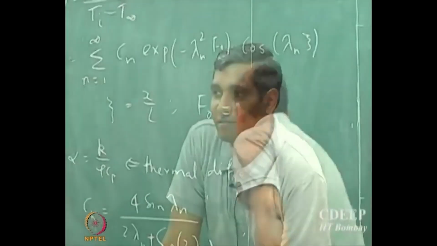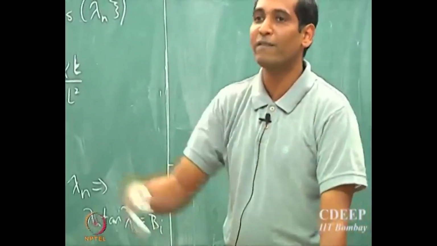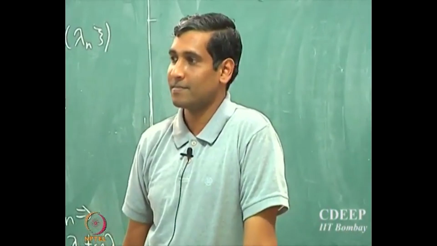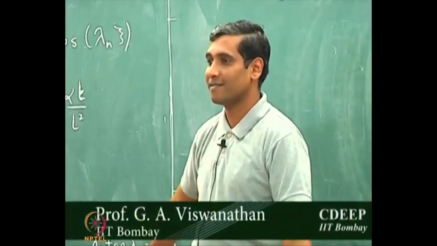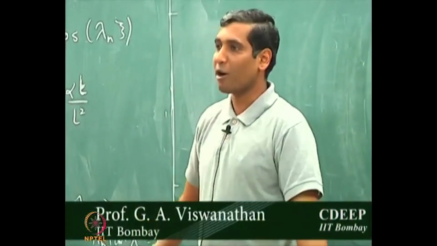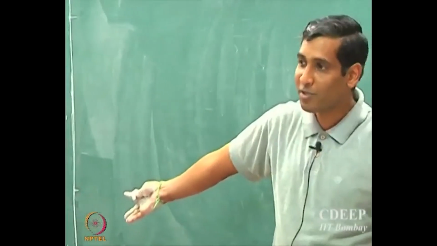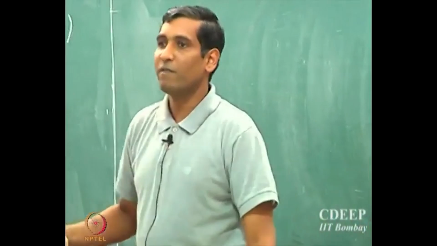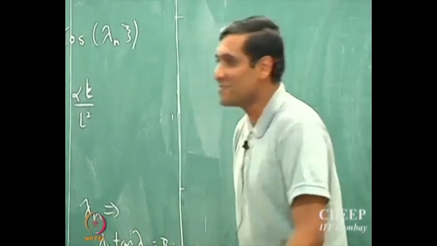How do you solve lambda n tan lambda n equal to Bi for a given value of Bi? Is it linear? It's not linear, so you cannot get analytical solutions for the roots. So you have to use a nonlinear solver. Which nonlinear solver? Scilab?